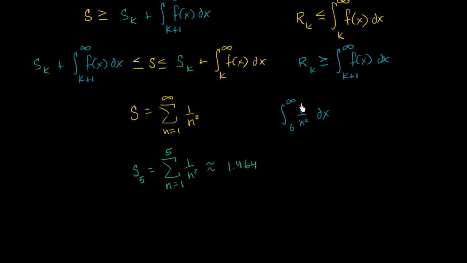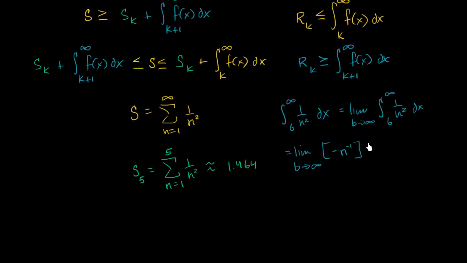This is going to be equal to the limit as b approaches infinity of the integral from 6 to b of 1 over n squared dx, which is equal to the limit as b approaches infinity of, let's see, the antiderivative of this is negative n to the negative 1.